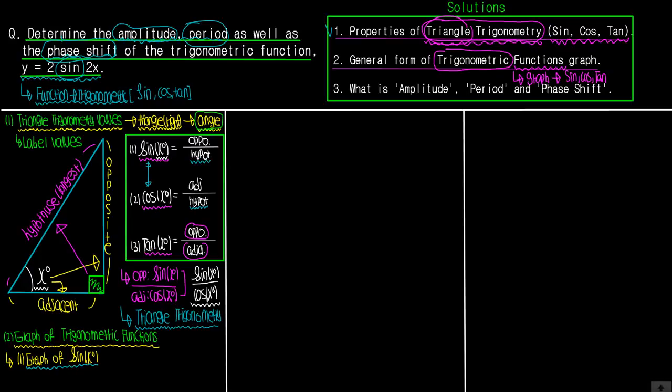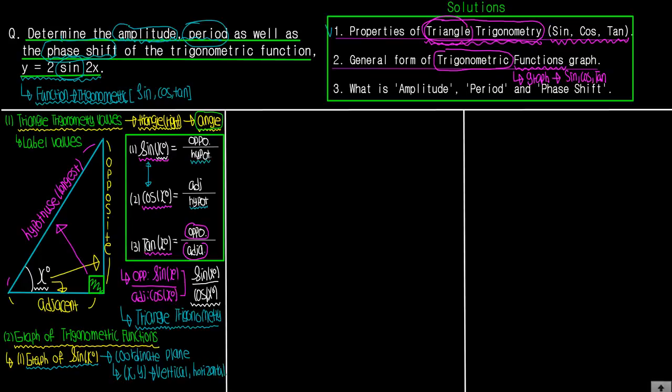Now, the most important thing in our graph is to plot this on a coordinate plane. And what is the coordinate plane? Well, a coordinate plane is a plane formed by the x-axis and the y-axis, which are the horizontal and vertical axes.